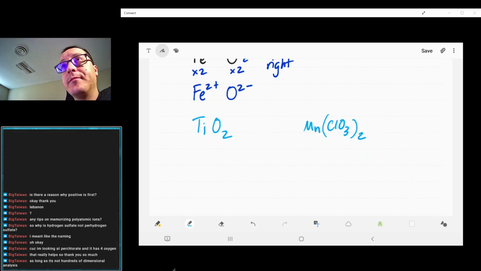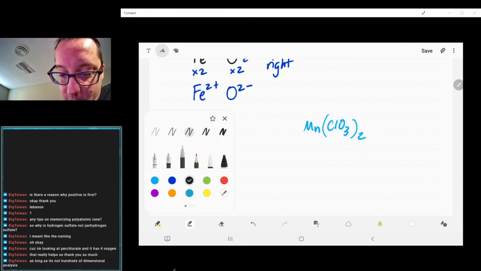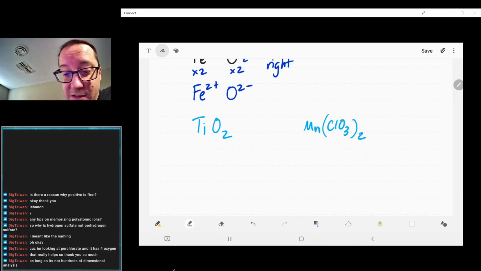So, if we want to figure out the names of these compounds, we're going to have our options available to us. We could do crisscross, or we could do our kind of algebra method where we use our least common multiple or whatever, or try and calculate the charge overall. We can do it both ways.